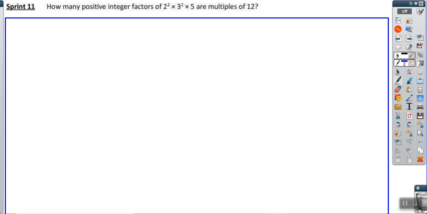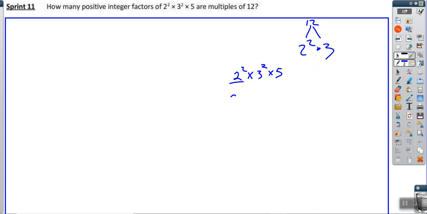All right, so here's the thing. A multiple of 12, if we look at 12 in prime factorization, is 2 squared times 3. So we need to figure out how many different ways we can have 2 squared times 3. This is what we're really looking for. So we have to use these 2's.